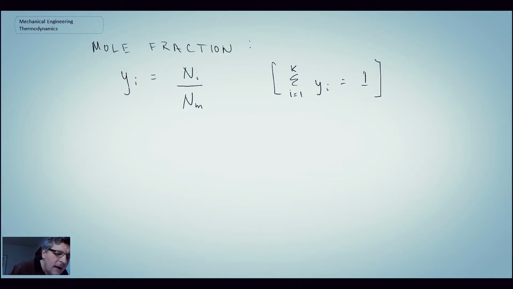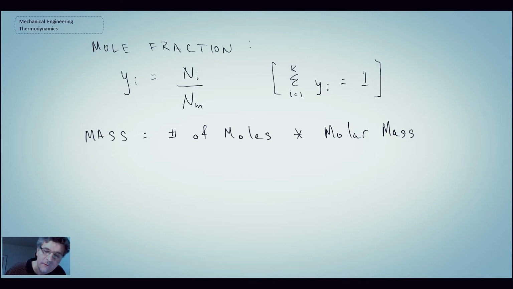Another thing that I should write out, and this one is more obvious, is that the mass is defined as the number of moles times the molar mass. You would have seen this in freshman physics courses or perhaps chemistry courses.